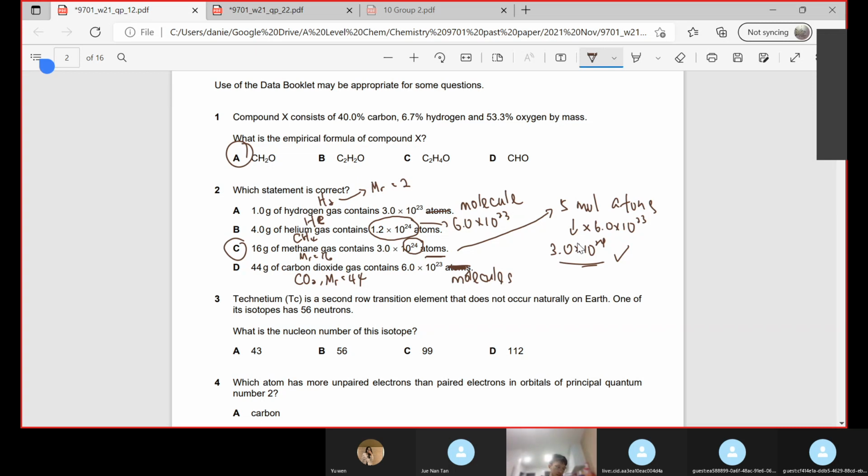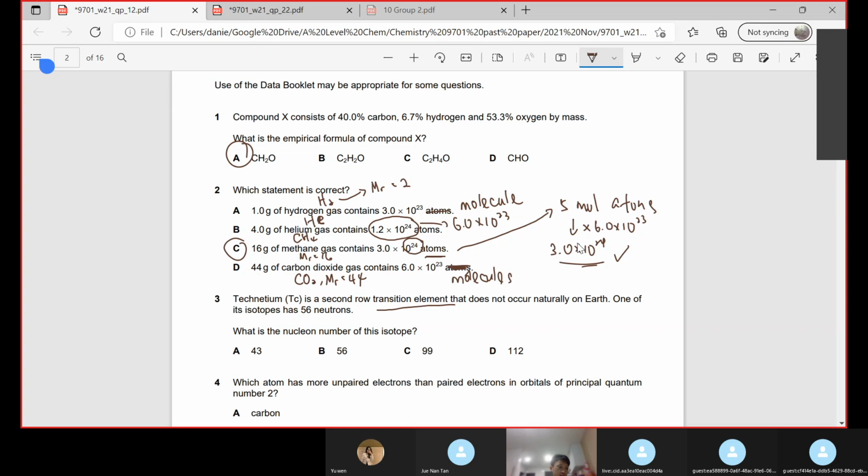Number 3 gives you technetium, Tc, a second row transition element. For this question, you can refer to the data booklet, the periodic table. If you look at the periodic table, Tc is in group 7, period 5.